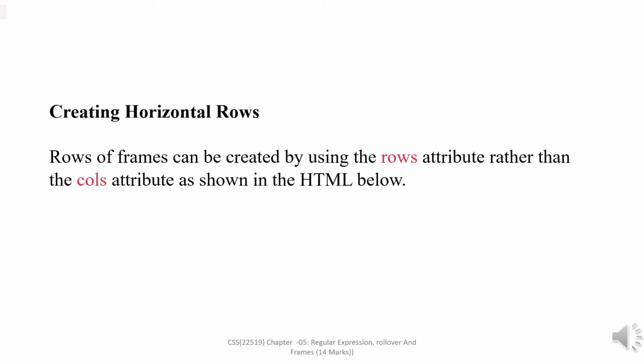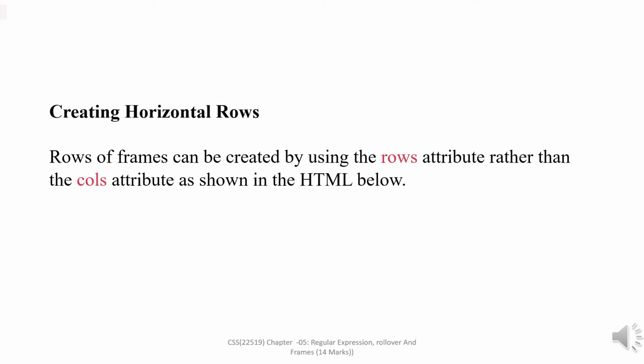Now creating horizontal rows. Rows of frames can be created by using the ROWS attribute rather than the COLS attribute, as shown in the HTML below.